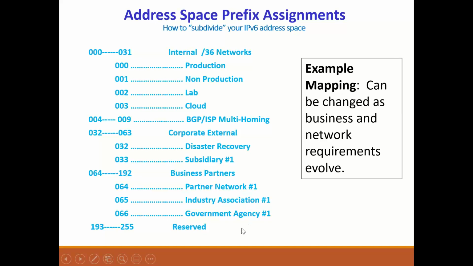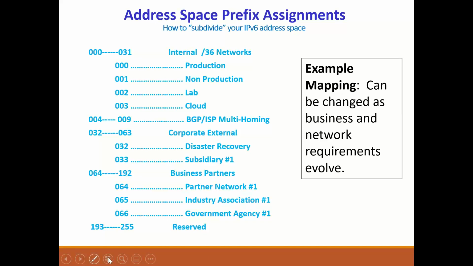In other words, maybe these are organizations that we own or control, which are going to be slightly different than the next category, which is business partners, where we might have a partner network. We might have an industry association we're really tight with, or a government agency we work really closely with. And then as a rule, we want to reserve a whole bunch of extra space for growth.